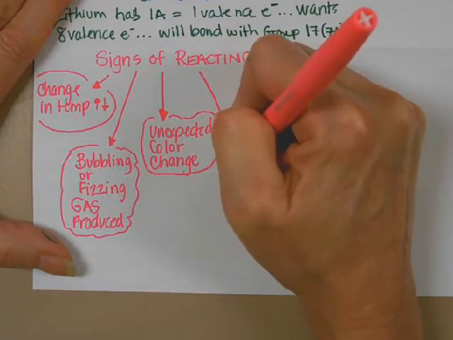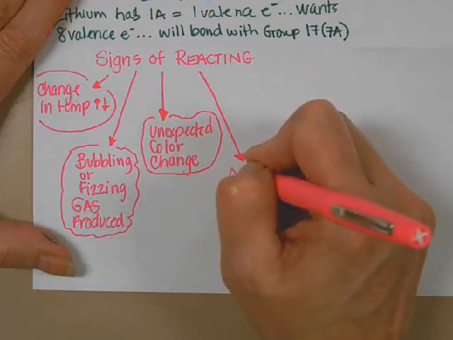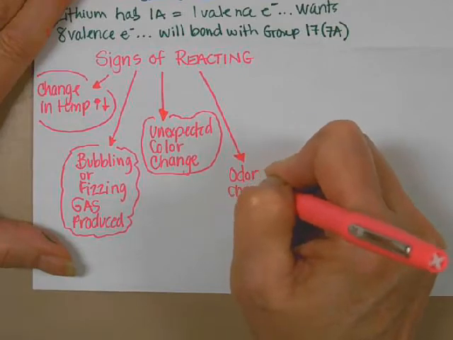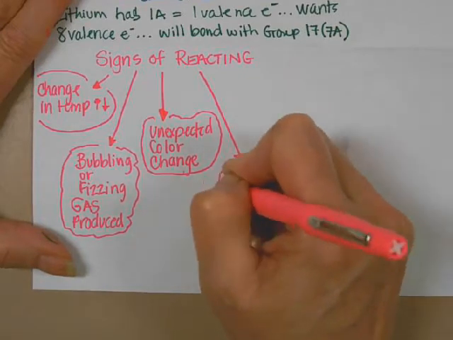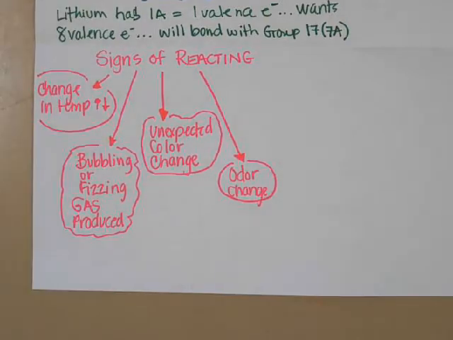An unexpected change in odor, like sour milk, or baking something, it changes odor because now the elements that you put together in that cake or whatever you're baking are changing to a new substance.